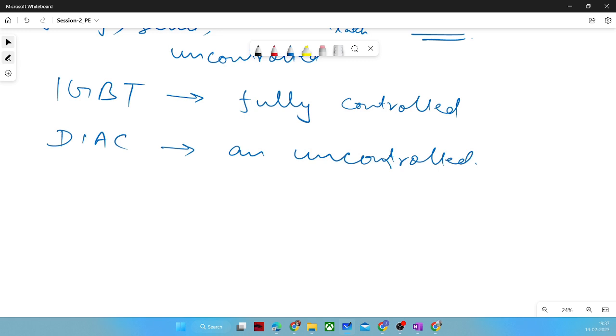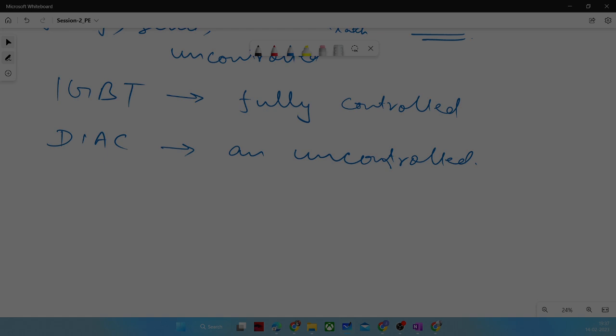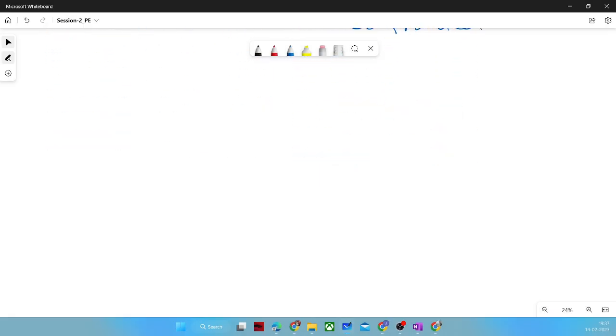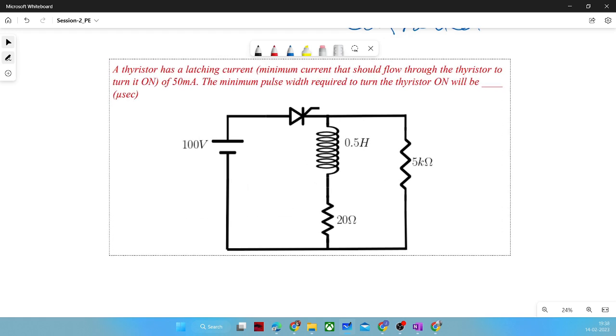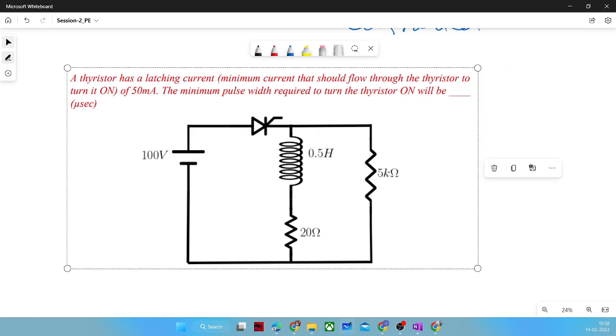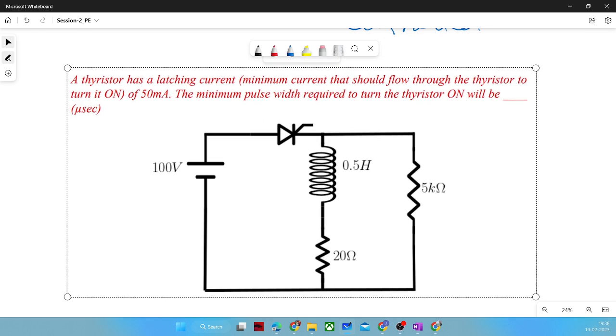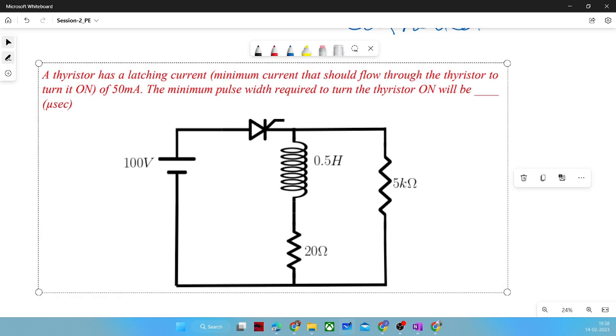Okay, so should we discuss one more problem based on this latching current and thyristor? So now see the circuit here. Again, the same thing, you need to find out the minimum pulse width, but here it will be a bit demanding question because you need to recall your transient concept, right?